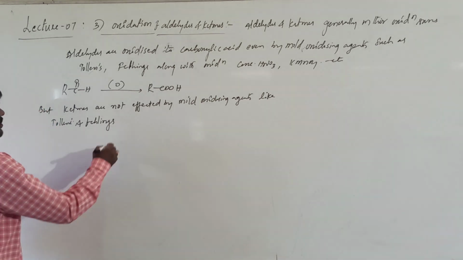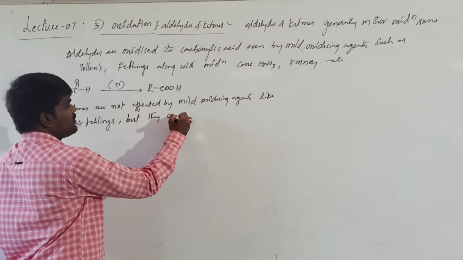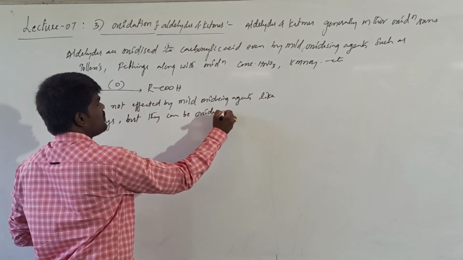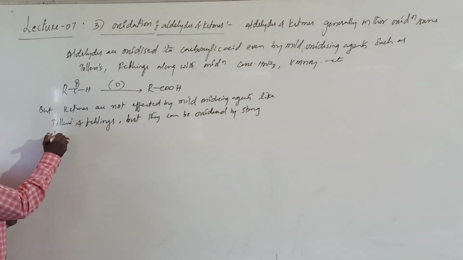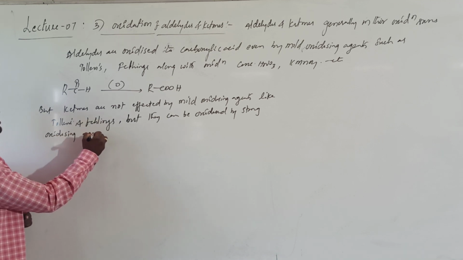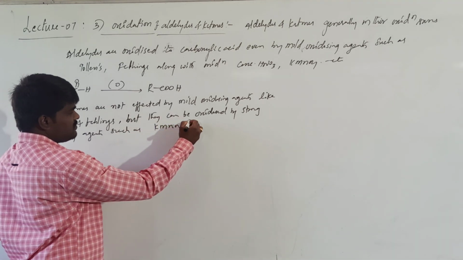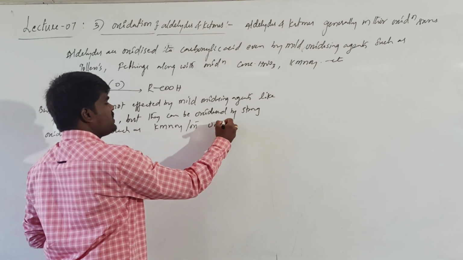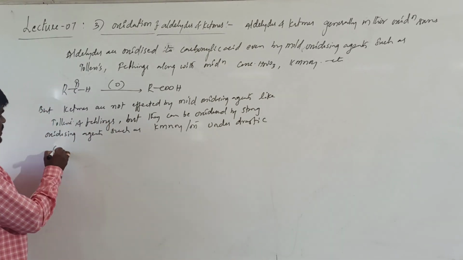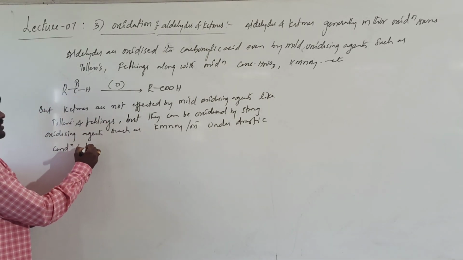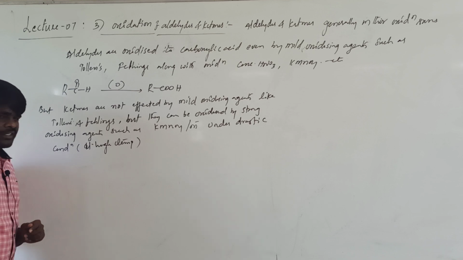But ketones can be oxidized by strong oxidizing agents such as KMnO4 in basic medium under drastic conditions. Drastic conditions means high temperature and high pressure.